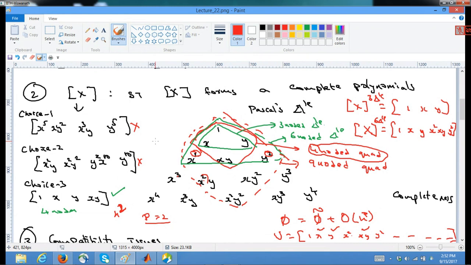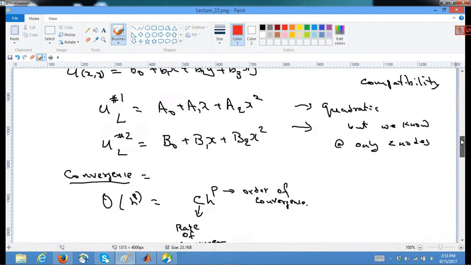If a function is complete, the error will behave in a manner that it will diminish with the decrease in the mesh size. So if the size of the mesh has to be decreased, for example, I will show you with respect to 1 dimension.